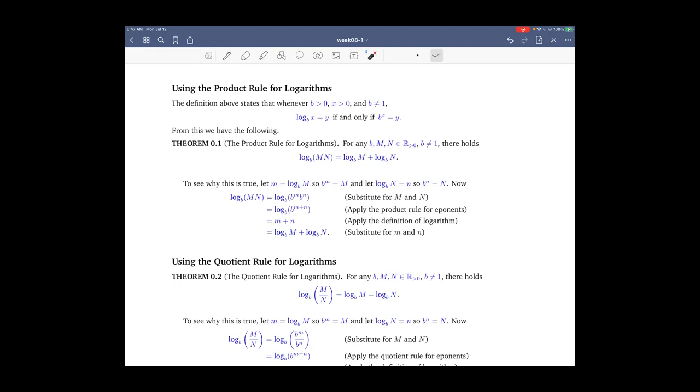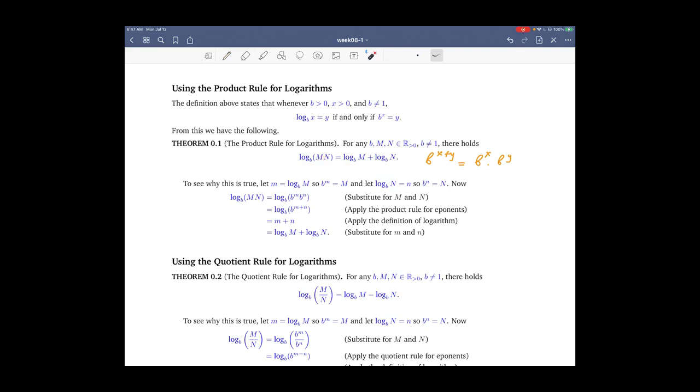For instance, you know that the exponential function turns a sum into a product. The exponential function of a sum is the product of exponential functions. Logarithmic function does the opposite. It turns product into a sum.